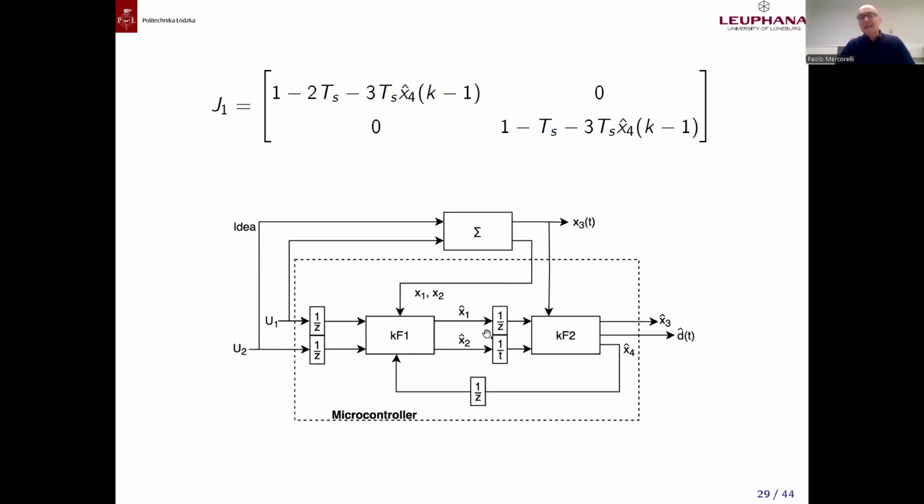The price is a delay. Sometimes it's useful to test if we have better results, just considering one estimated and one measurement. I don't know if it's clear.